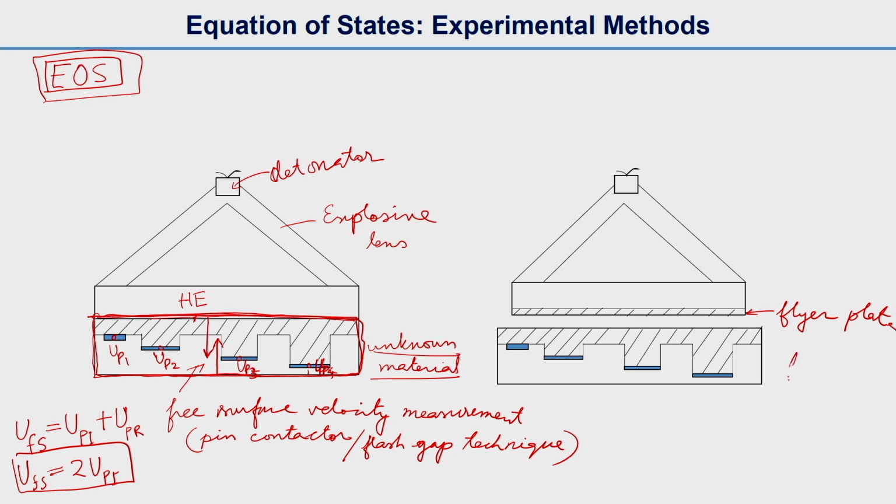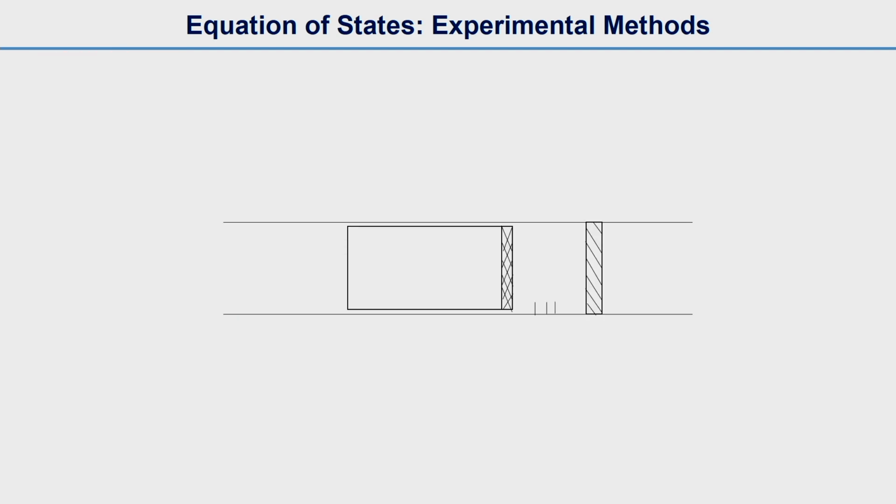So for very high pressure, this right hand side arrangement is more convenient. This is one method, but we will discuss this method because it is more convenient than the earlier method.